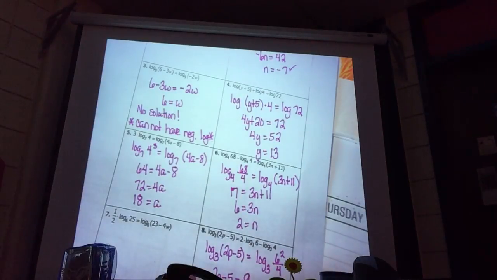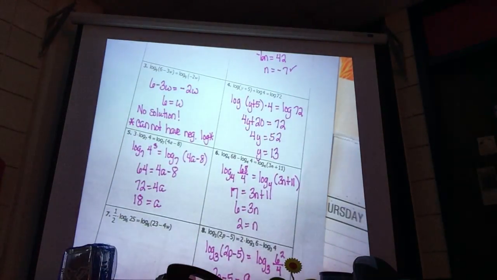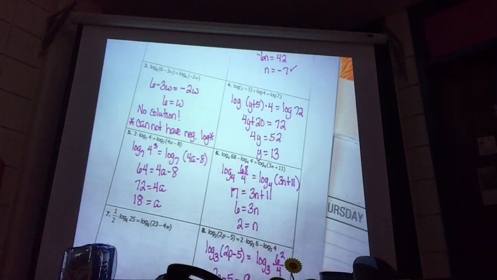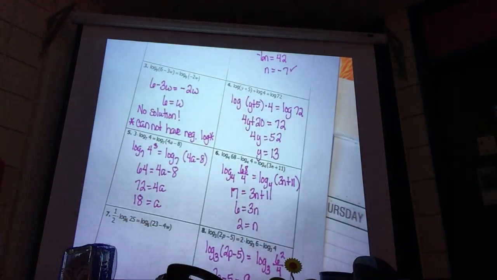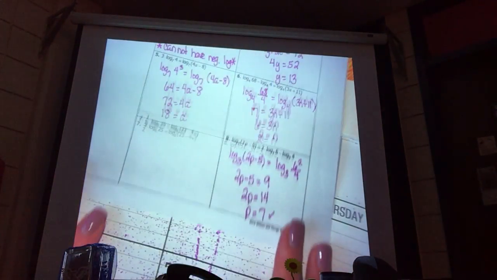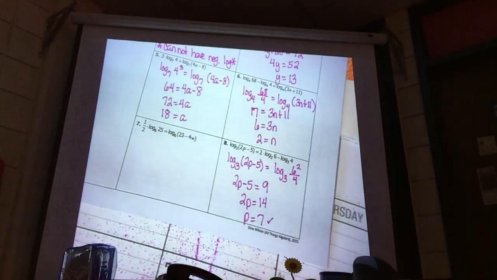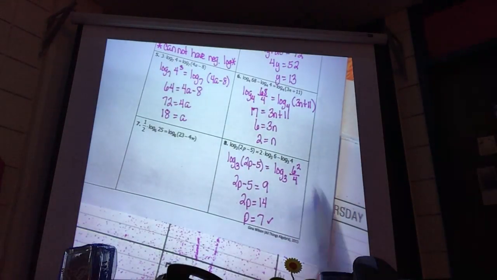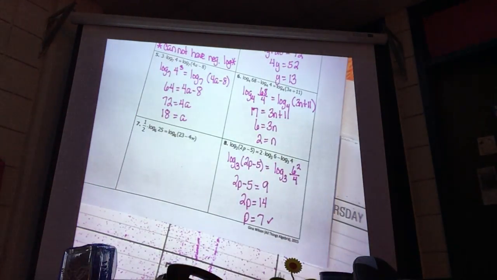So add 5 and divide by 2. And when you check this, it works. P equals 7. That 9 came from the 6 over 4. 6 squared divided by 4.